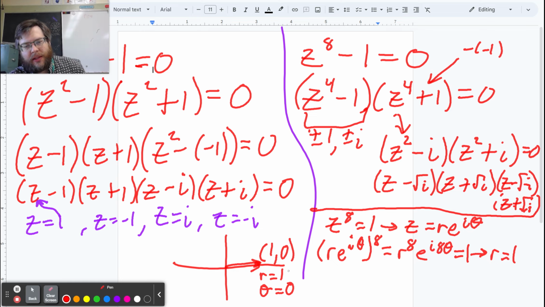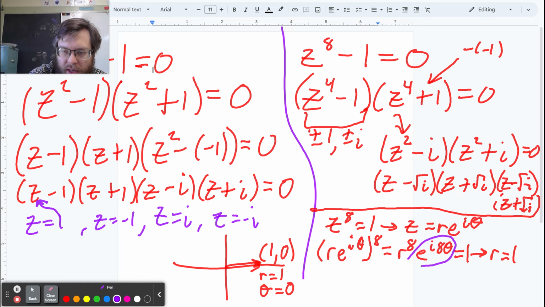And so what that means is my theta right over here has to equal 0 after it gets multiplied by 8.